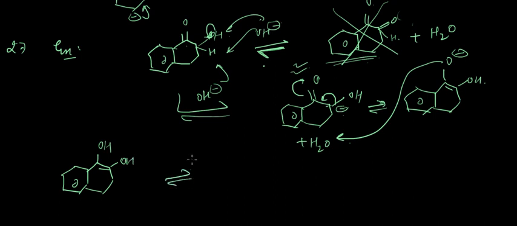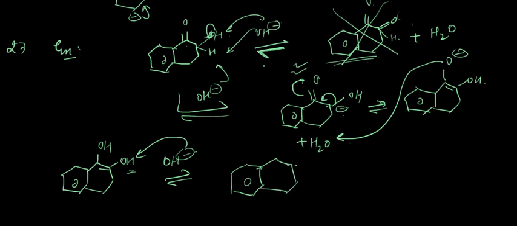Now again what will happen is, due to the presence of this OH minus, this OH minus will take up the hydrogen attached on this OH, because this is the most acidic hydrogen atom which we can get from this.